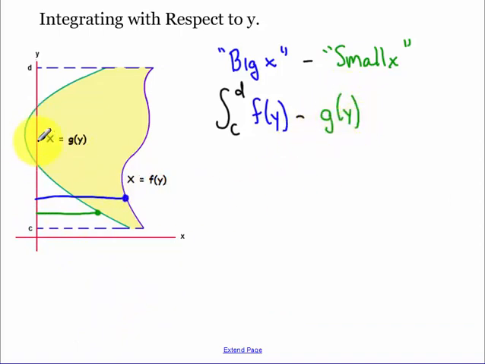Now, even if this is negative area, your integral is going to take care of that, because it's going to subtract a negative area, which is still going to be positive. And in this case, these functions are all in terms of y, and we're integrating with respect to y. So if you're going to the y-axis, all of this is in terms of y.